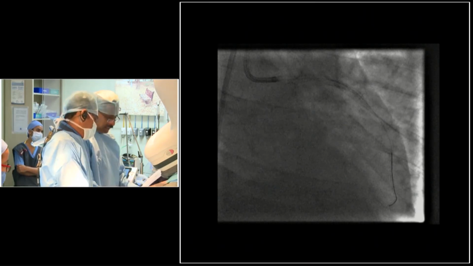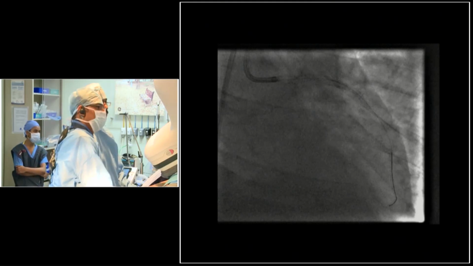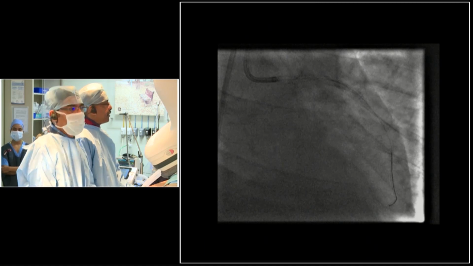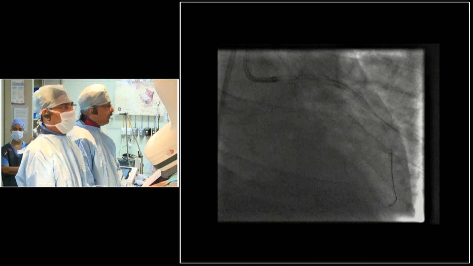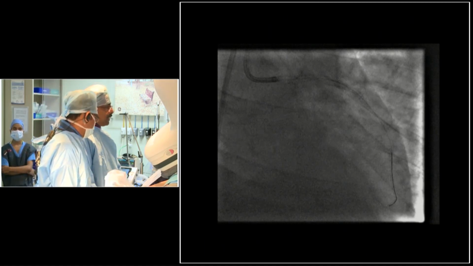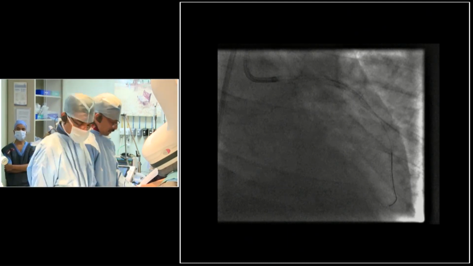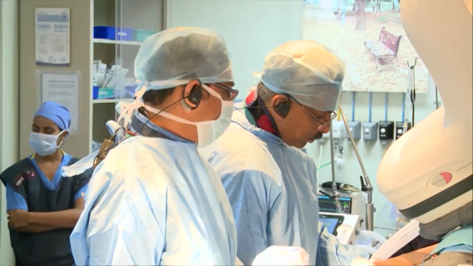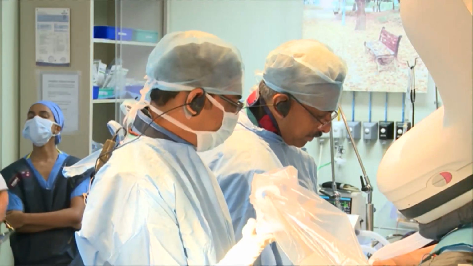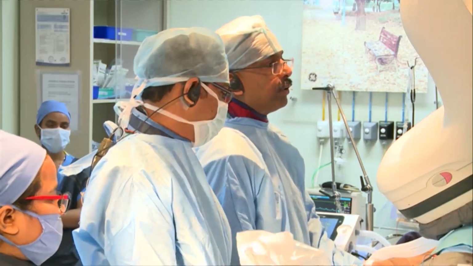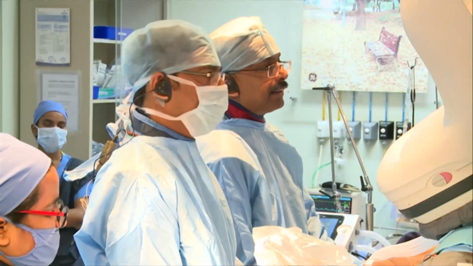Well, Bhupati, I have absolutely no doubt that the impeller is a superior device because it does two things. One, it unloads the ventricle better than the IABP. Number two, it can give you a cardiac output which is far superior to what IABP can. So there's no question about what is better.